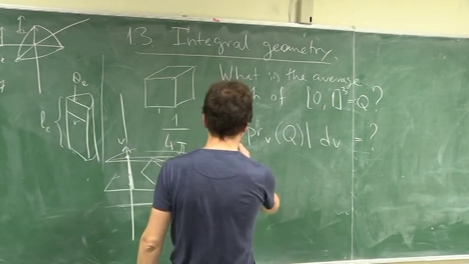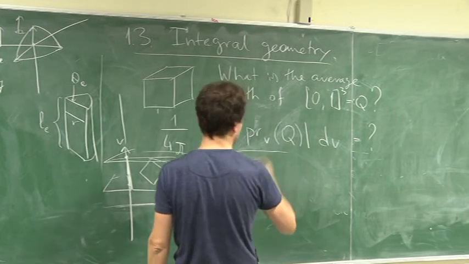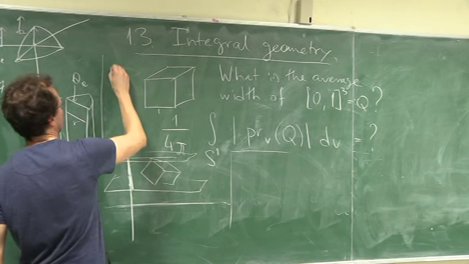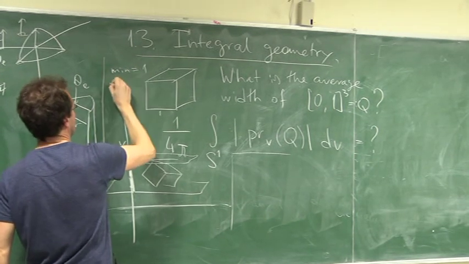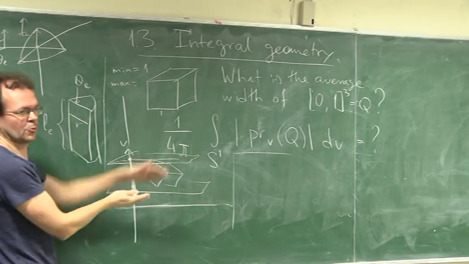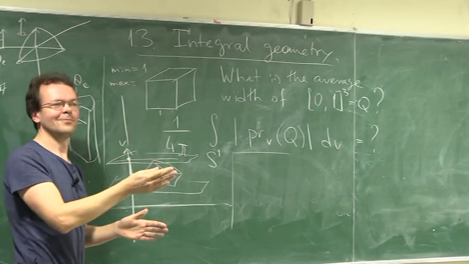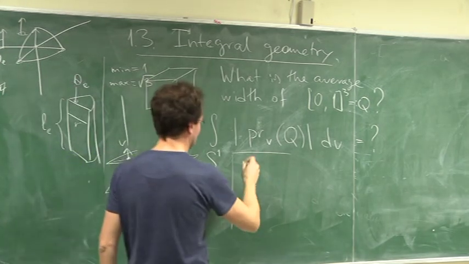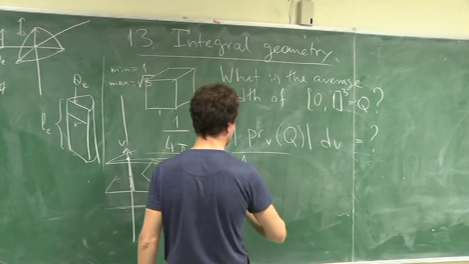Good, so let us make it a sort of quiz. It is clear that the minimum width is 1. And the maximum width, when this distance becomes maximum, what does it become? Square root of 3, right? So this is something between 1 and square root of 3.